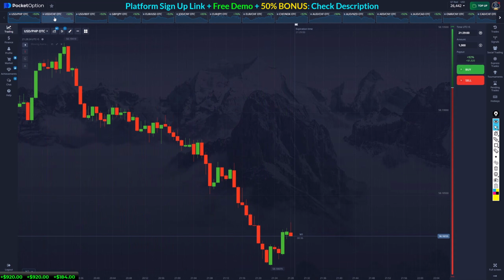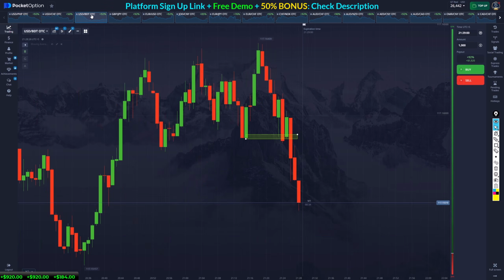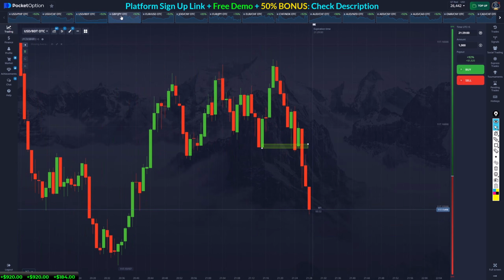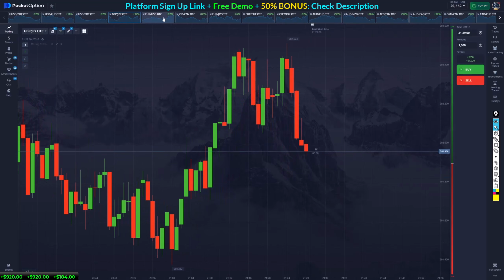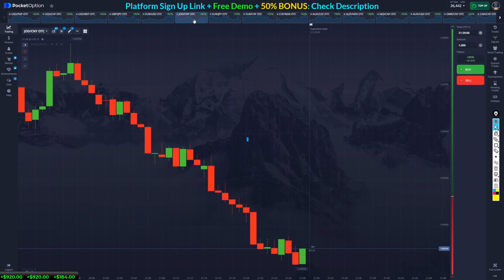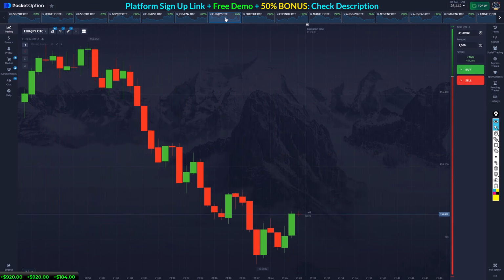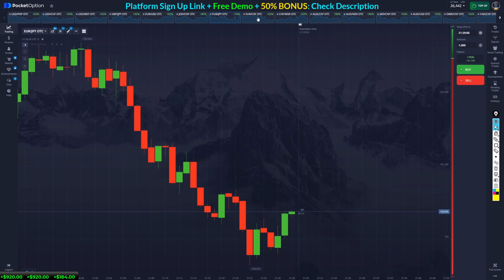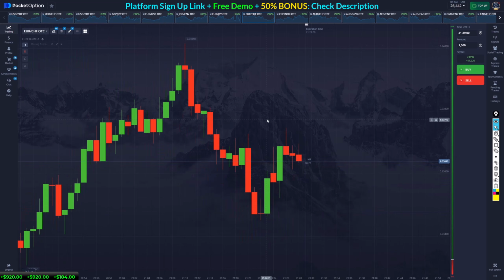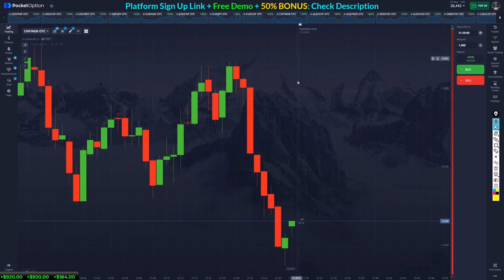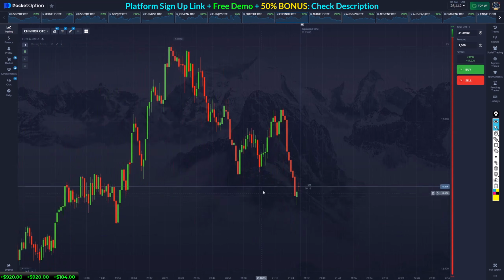So general rule of thumb, if you don't see your proper setup, you will keep looking. Doesn't matter how long it takes. Huge gap up, but I'm not taking it.